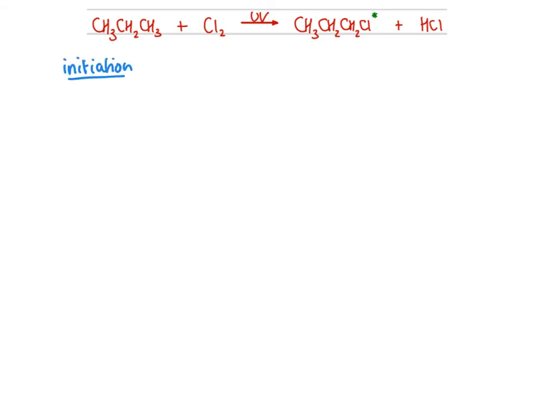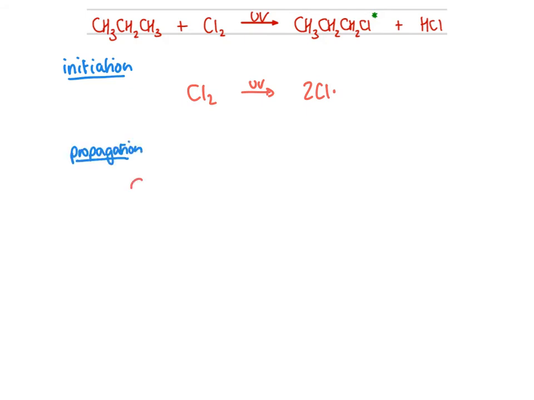So remember, initiation is the formation of the free radicals. We're using chlorine, so we are going to get 2 chlorine free radicals here. Okay, and then the next step is propagation.